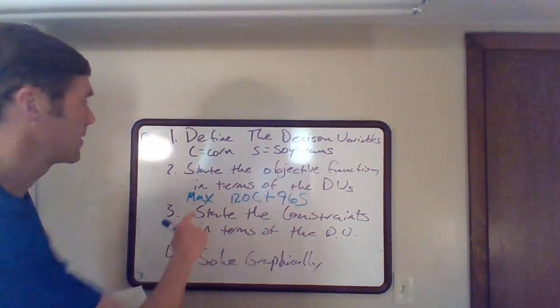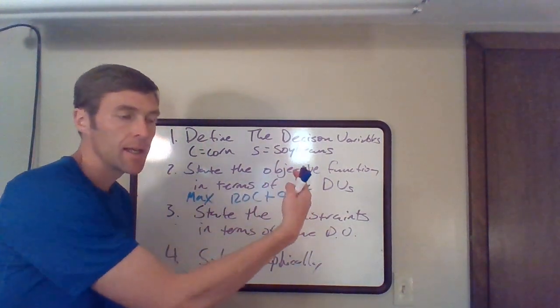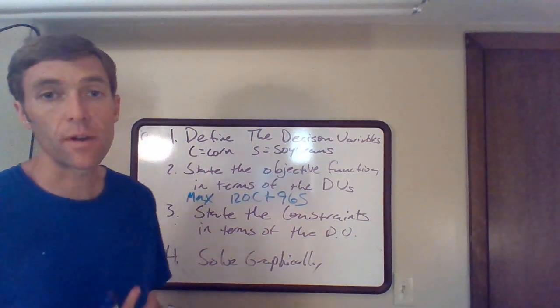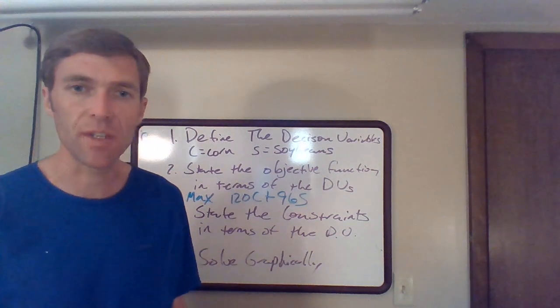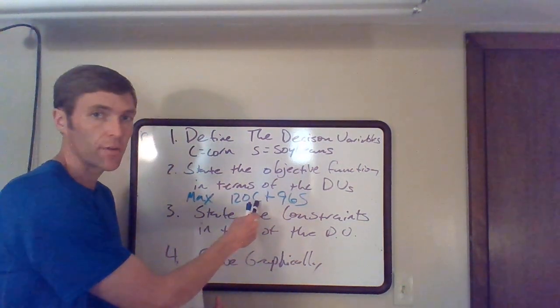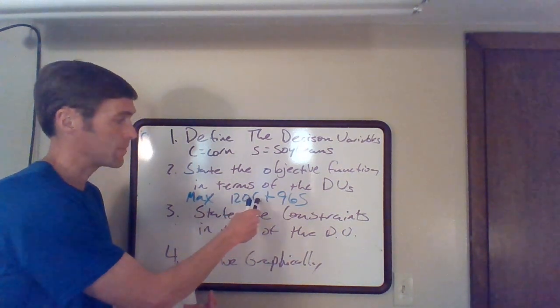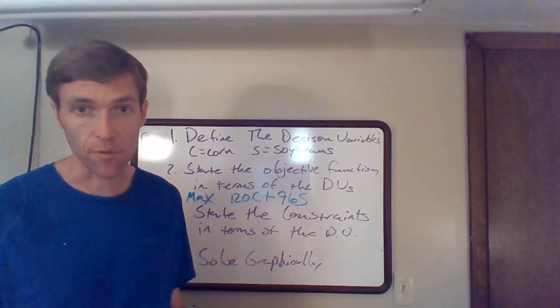So if we look at this, max 120C plus 96S, we can have some sort of deep understanding of the problem before we go on, and not just a memorization of steps. Every time we plant an acre of corn, 120 times 1, we make $120 of profit, which came from the enterprise budget.